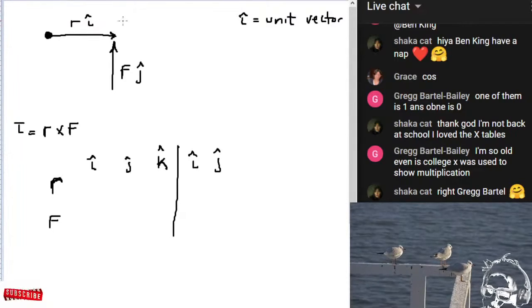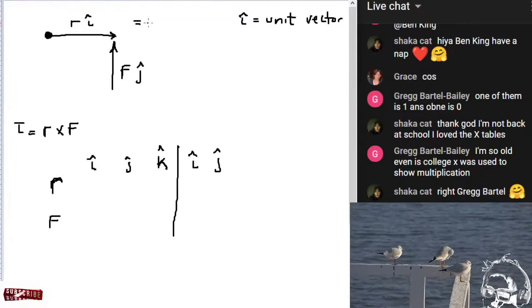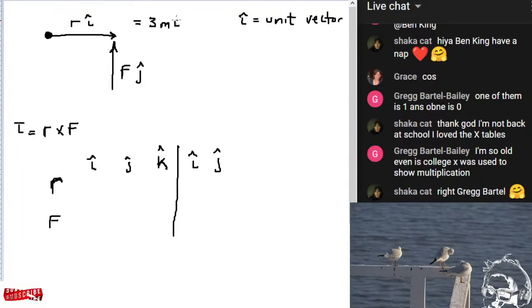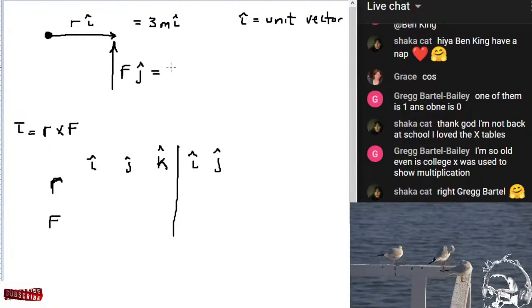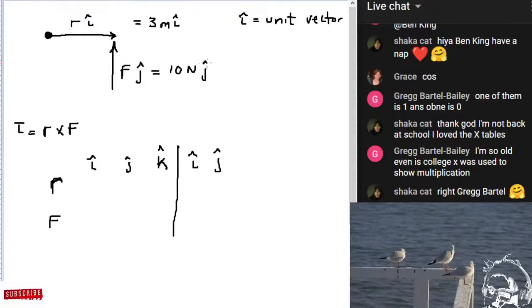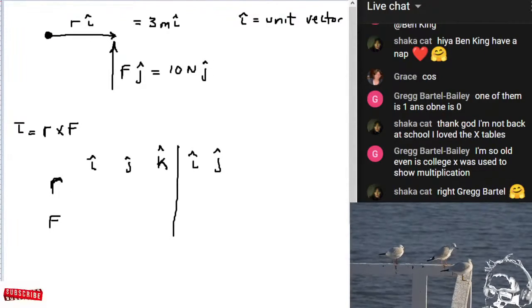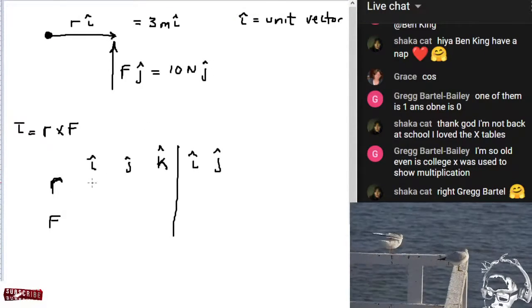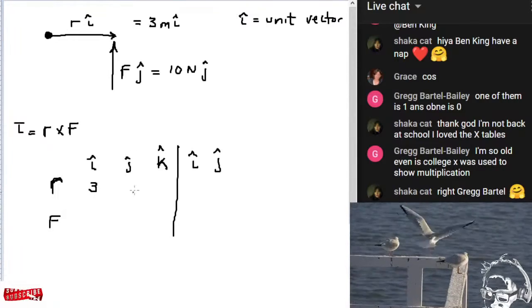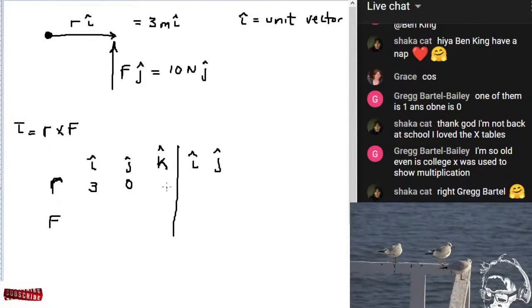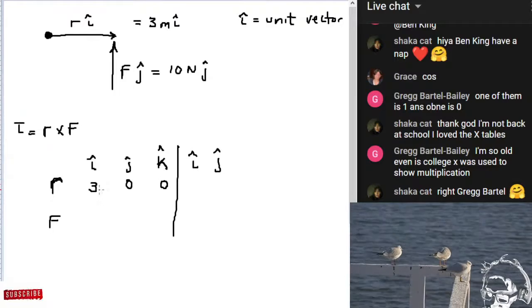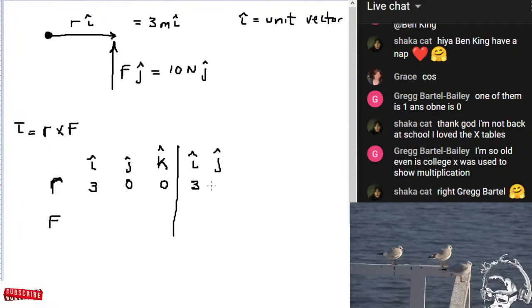So let's just give these numbers to make it easier. Let's make R 3 meters I hat, and we'll make F 10 newtons J hat. So what is R? It's 3 meters I hat. So 3, there is no J hat component to it. There is no K hat component to it. And we copy this over here, 3, 0.